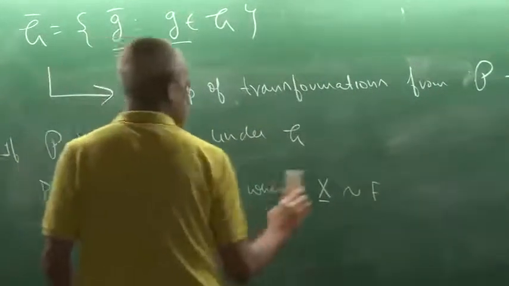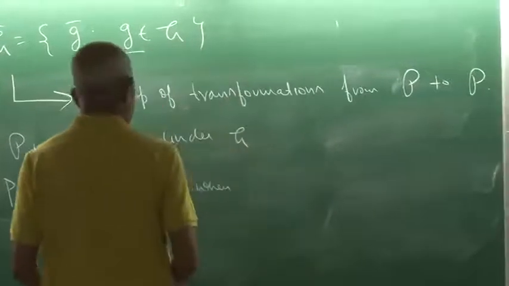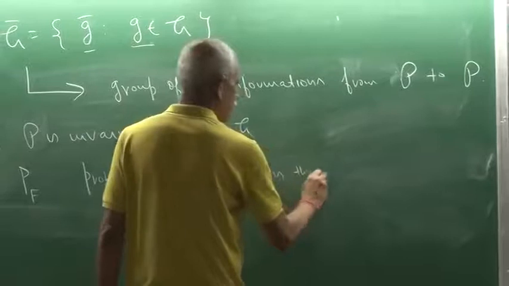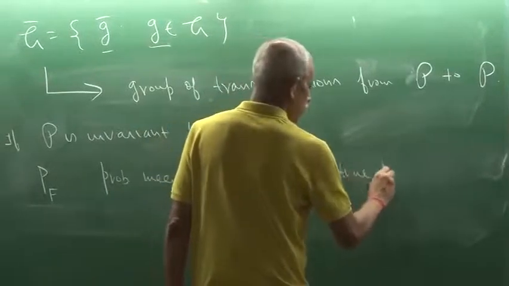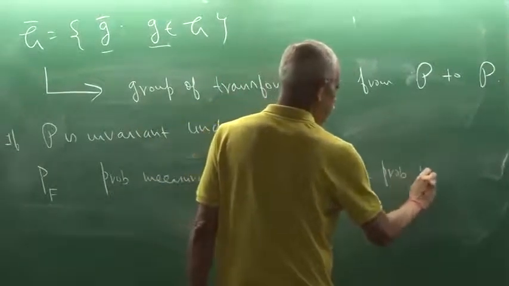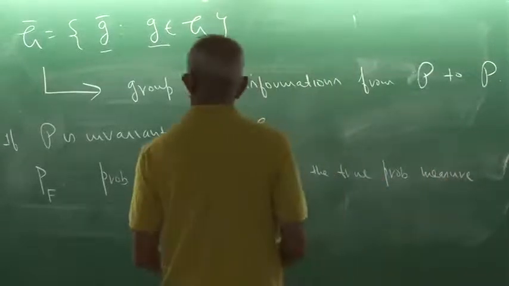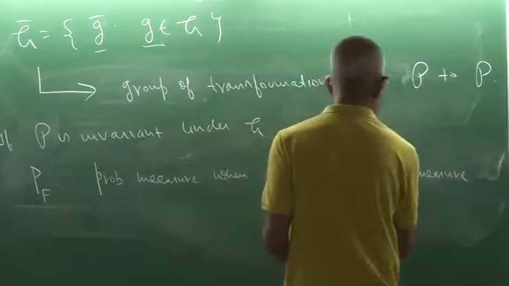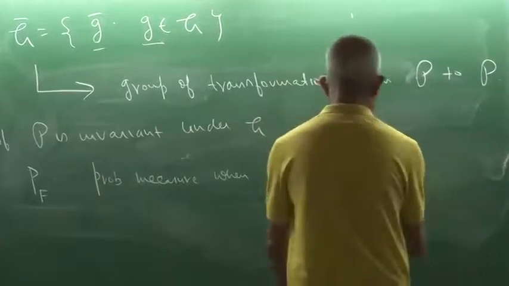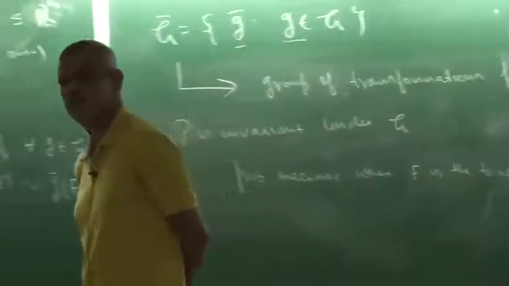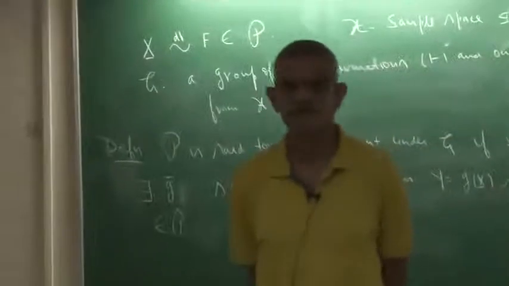So the better way to write it would be the probability measure when f is the true distribution function, or in other words, the probability measure generated by distribution function f.